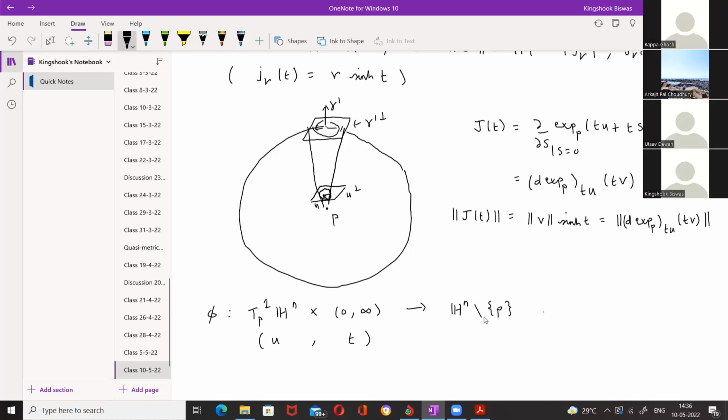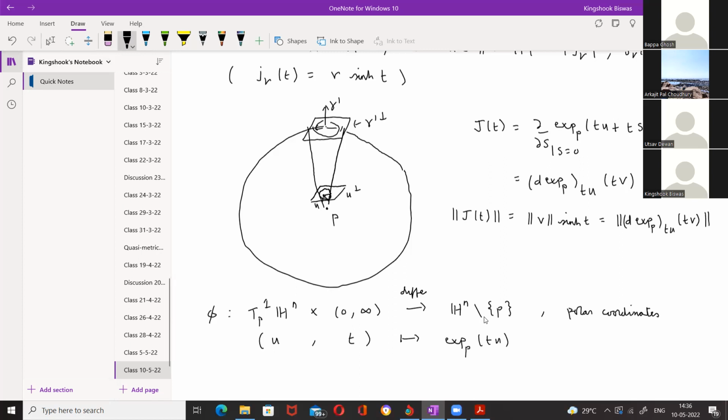This maps to exp_p of tu. This is a diffeomorphism.